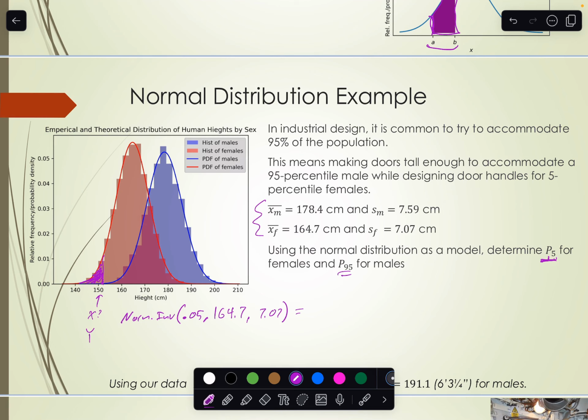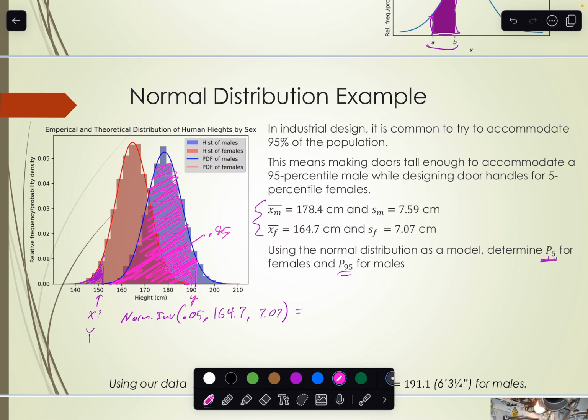Now for the y, I'm looking for a particular y value that's going to make this area less than 95% of the population. I want to find whatever y value is going to make this area 0.95.